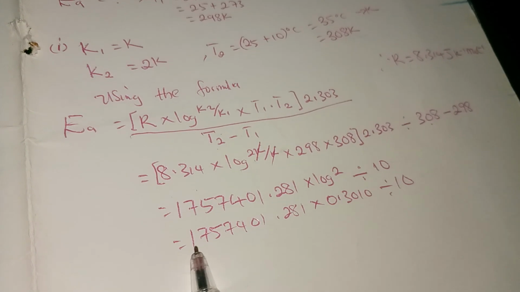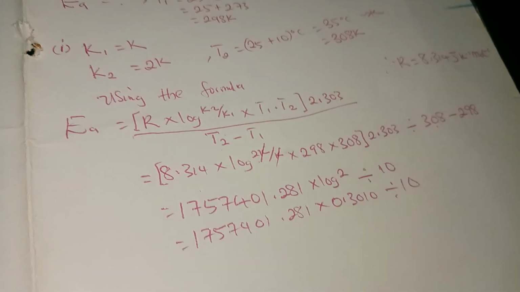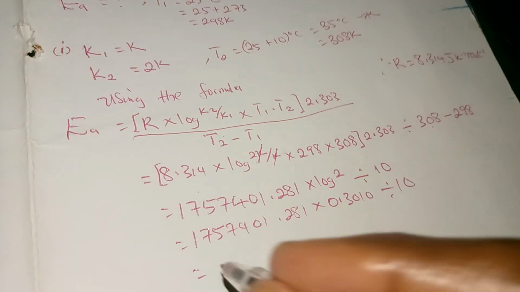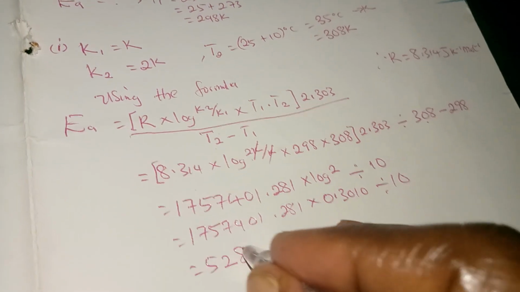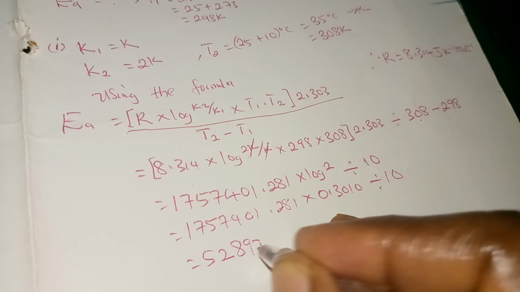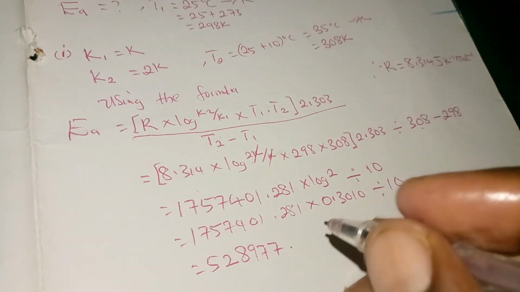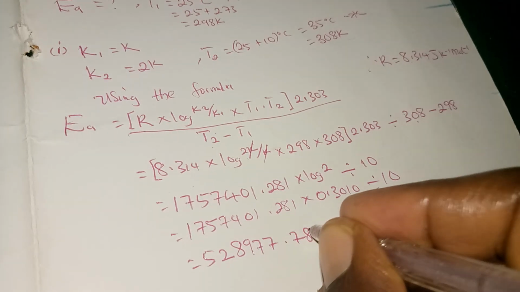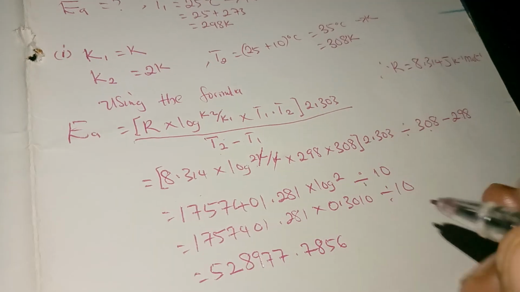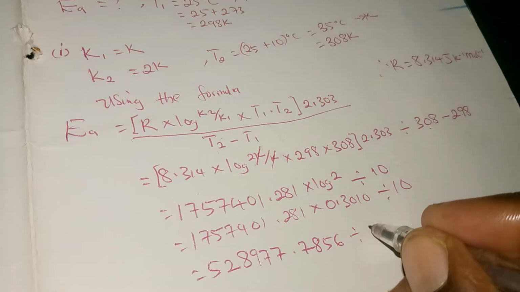Now if you multiply this by this, what you are going to have is nothing but 528,  7856 divided by your 10. Remember?